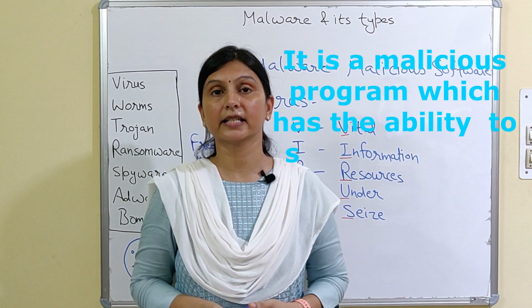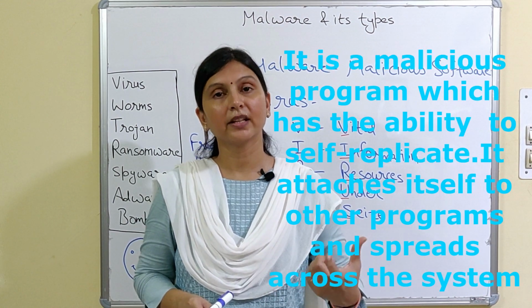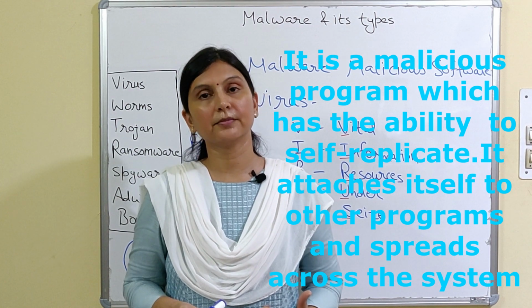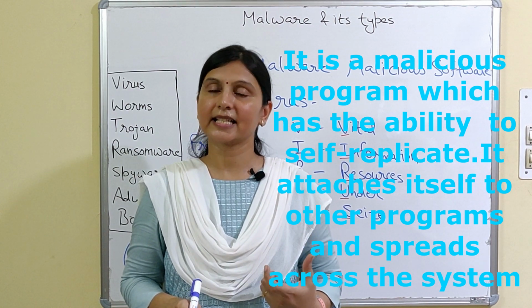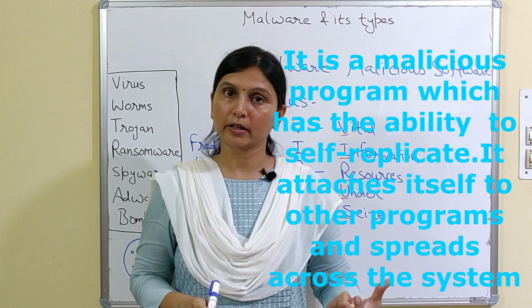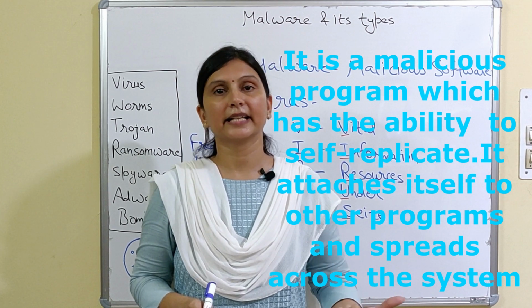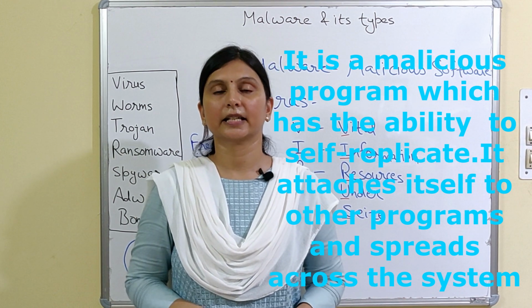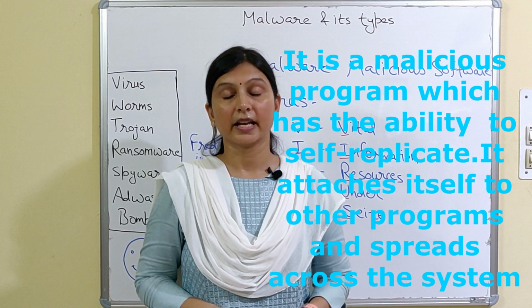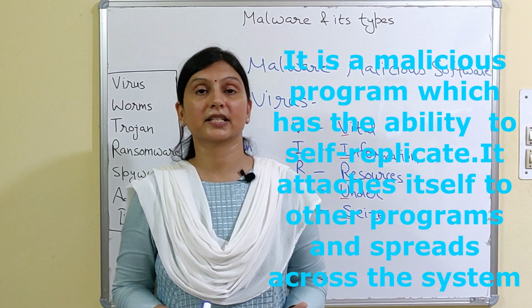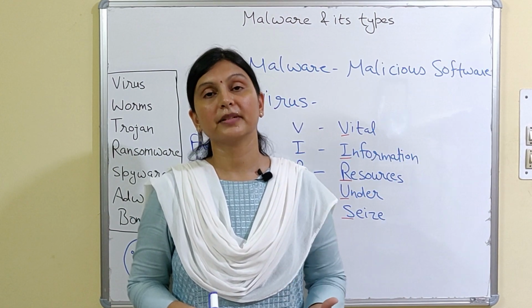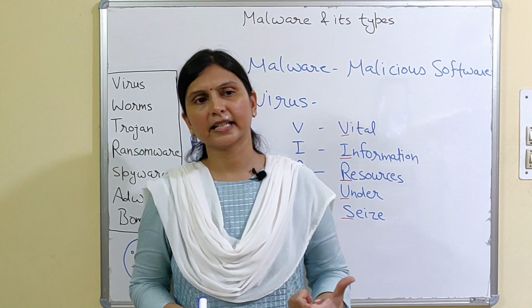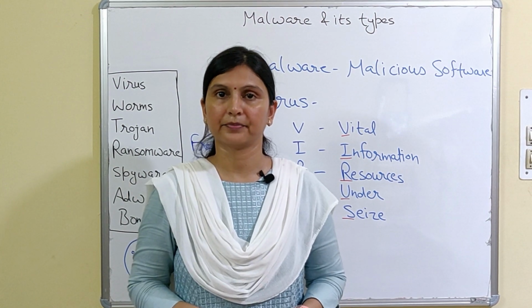and starts damaging the files and data present in the system. So what is a virus? It is a malicious program which enters our system, attaches itself to another program or file and starts damaging files and data present in the system. Sometimes it can bring the system to a halt. Halt means end, or we can say it can crash the system.